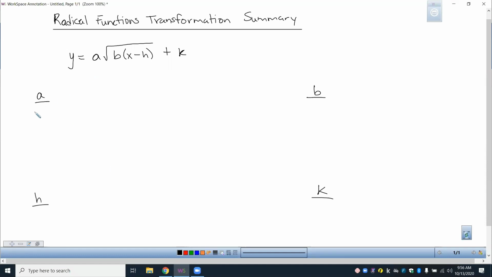So A, if A was positive, then that was no reflection over the x-axis. A negative A was a reflection.